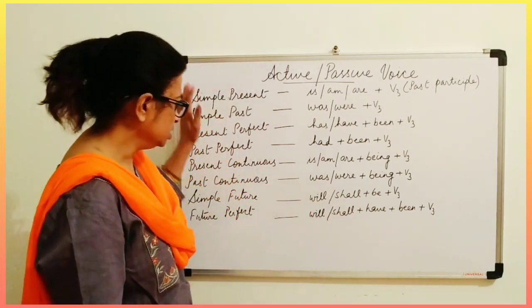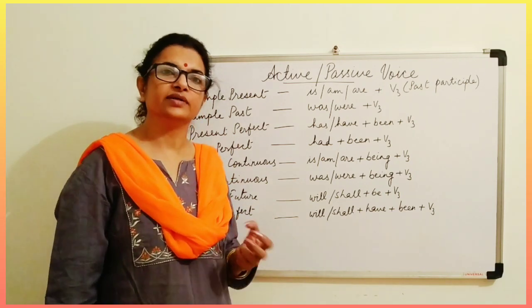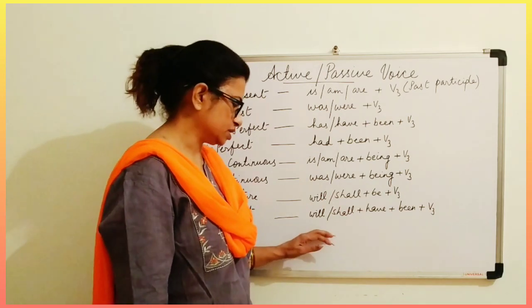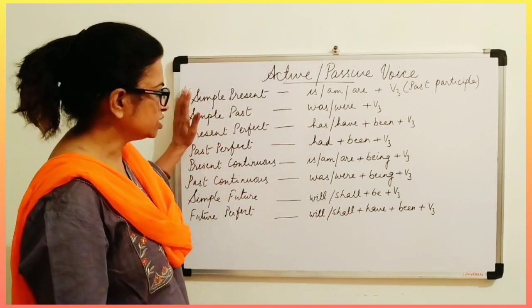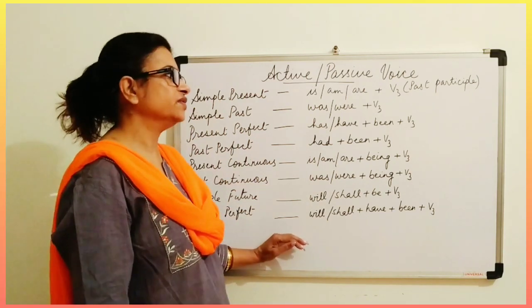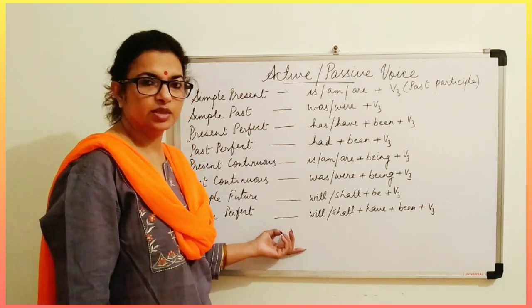So you just have to learn these. Now there are some regular also and irregular active passive voice that we will do afterwards. So first you should note down this table, and this table should be there in your copy so that whenever you want to refer to any sentence, you can easily open this table and refer.